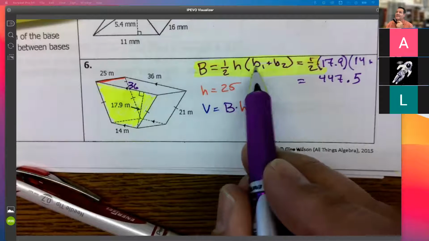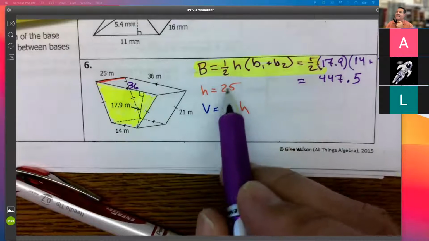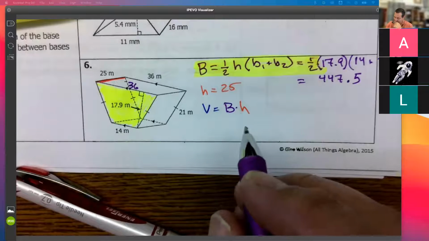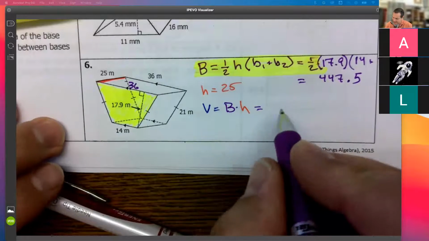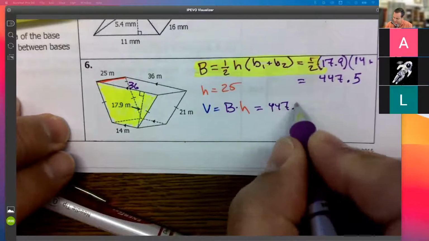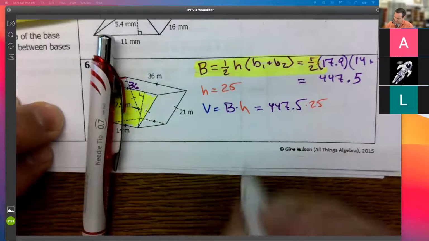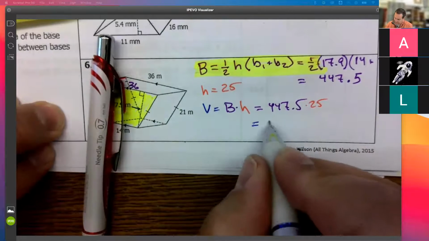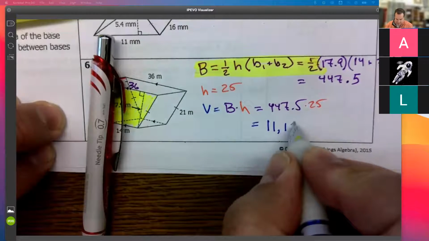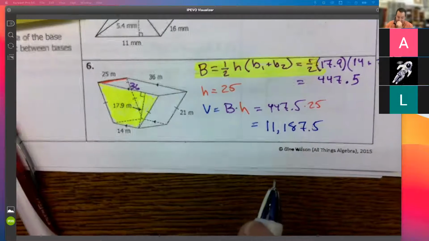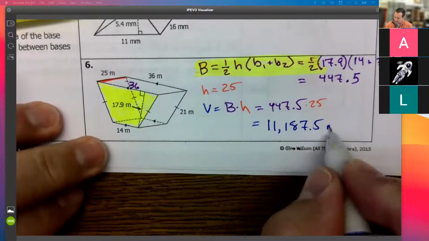And so this is a base times this perpendicular height. And then this is a base times this perpendicular height. I know it's confusing, but there's logic behind it. So this comes out to be 11187.5. And what are my units? Good, meters cubed.